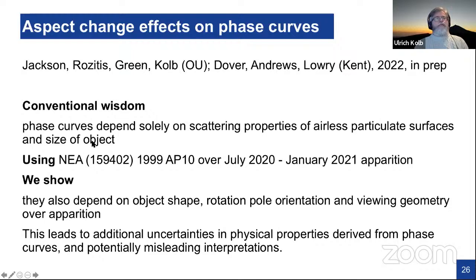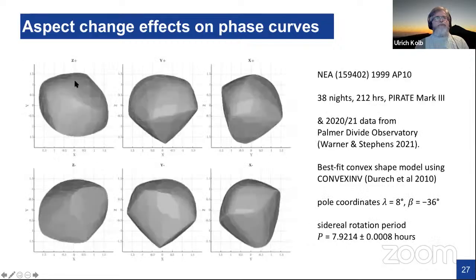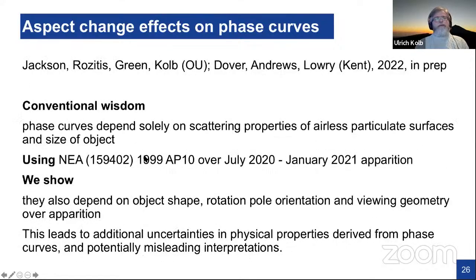What we did is we used a data set on one particular asteroid, this one, 99 AP10, over a period between July 2020 and January 21, to show that actually life isn't that simple, and object shape, rotation pole orientation, and viewing geometry over the apparition also have an effect.